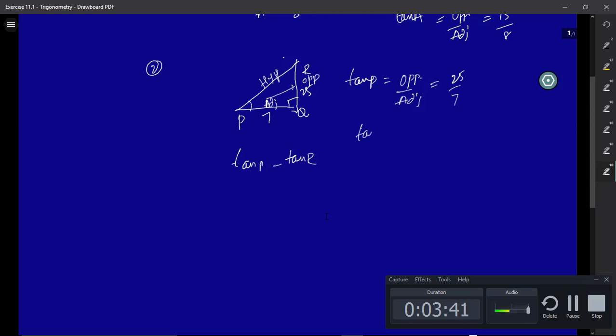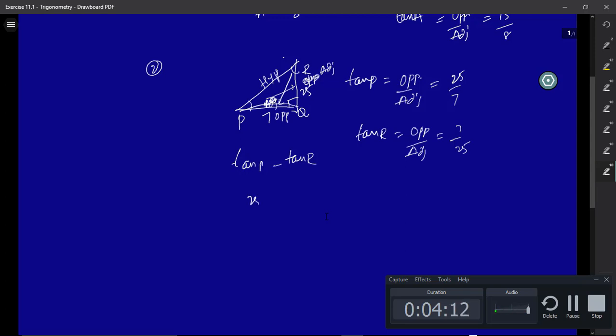In the same way, let us find out what is tan R. Now with respect to angle R, PQ becomes the opposite side and QR becomes the adjacent side. Tan is again opposite by adjacent. Opposite side is 7, adjacent is 25. So tan R is 7 by 25.